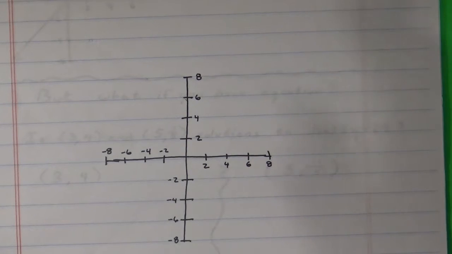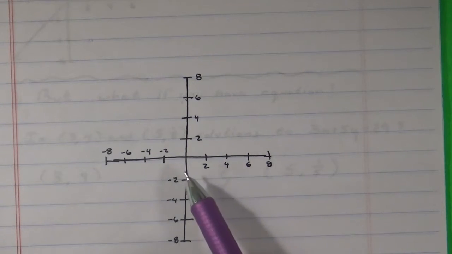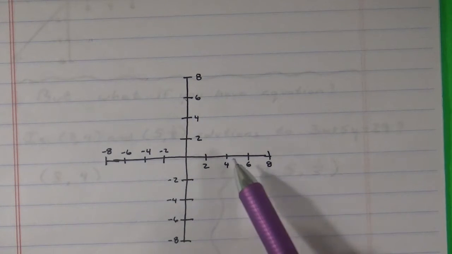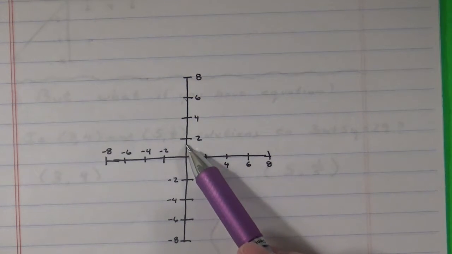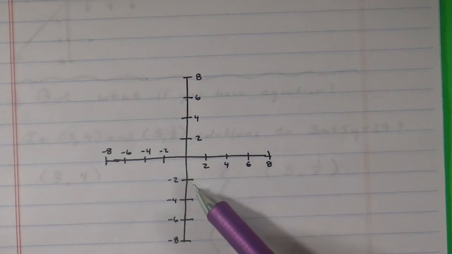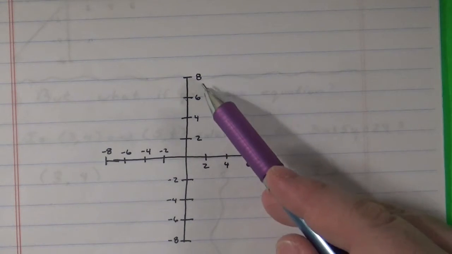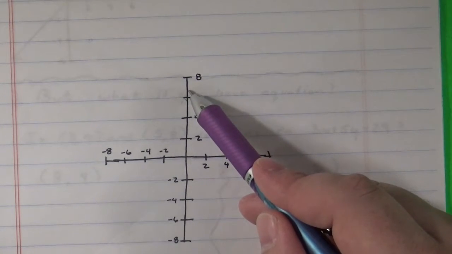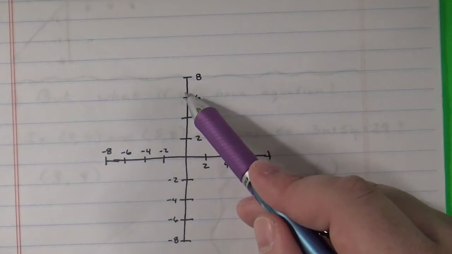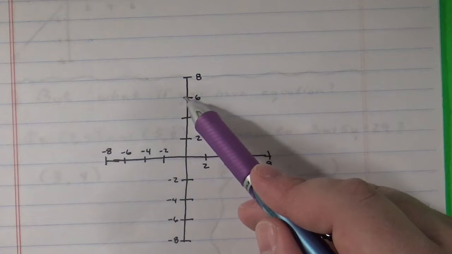So here's the thing. I wanted to show you this first before we actually do a problem. When we cross the y-intercept, let's just say here, it doesn't matter where we cross it, the x will always be 0. So when we cross here, it's going to give me an x of 0. All right? So that's something important to remember.